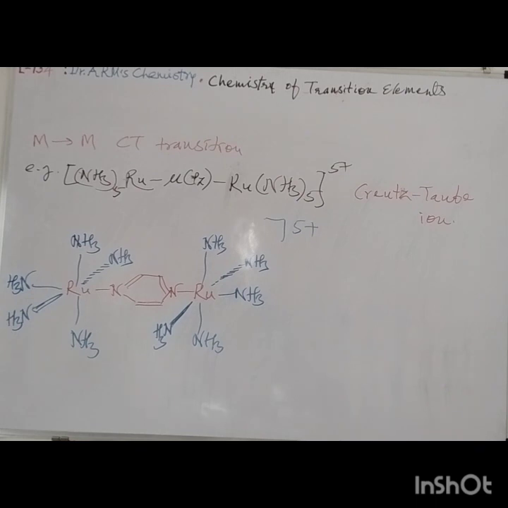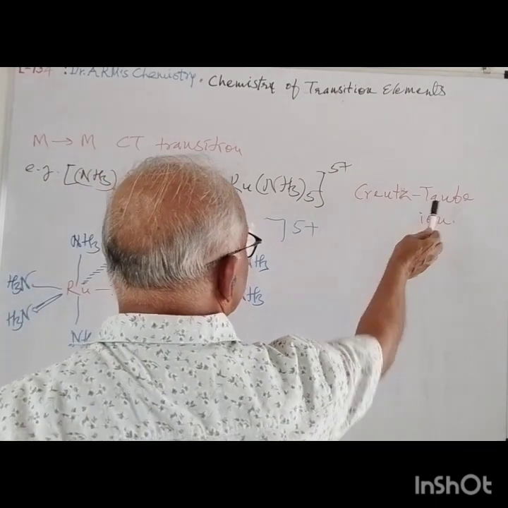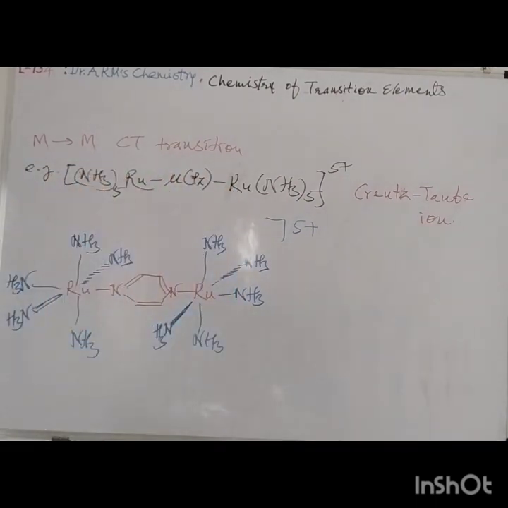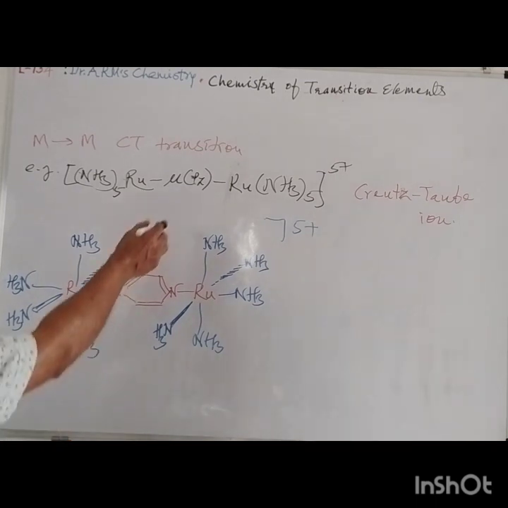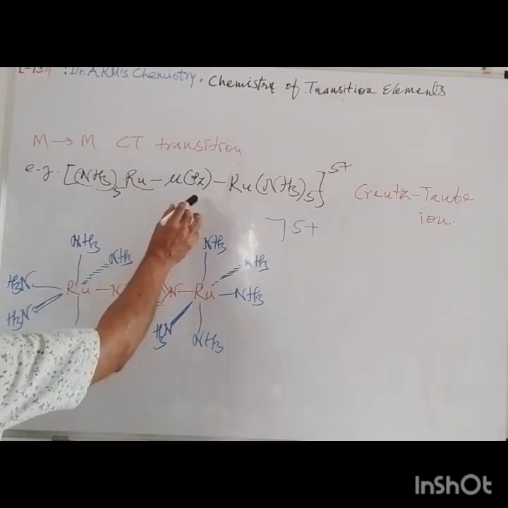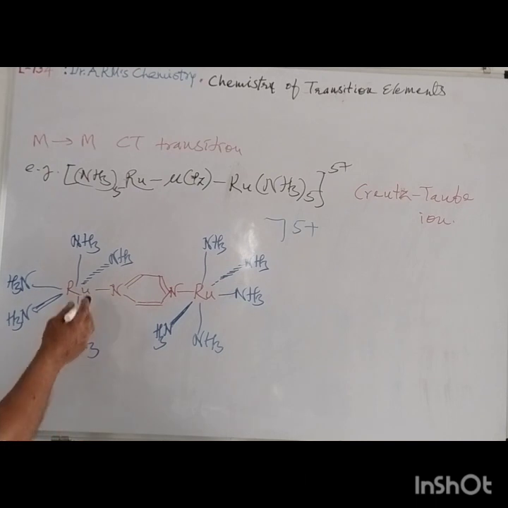So this is the structure of this Creutz-Taube ion. Here this pyrazine is the bridging ligand, and these are the two metals which are stored in the different oxidation states.